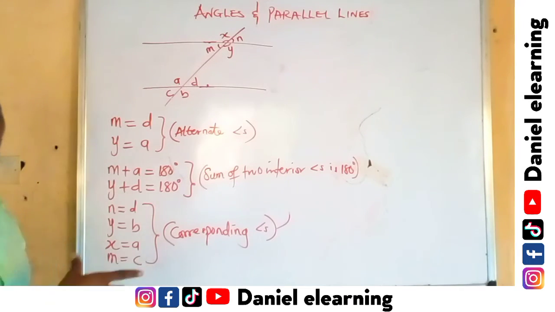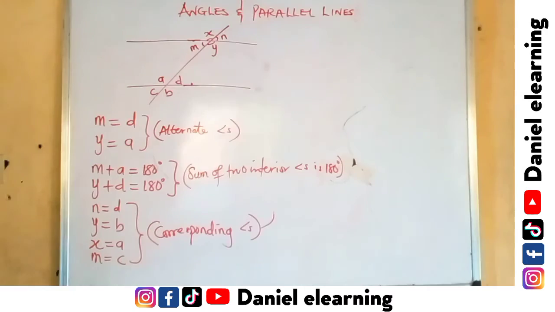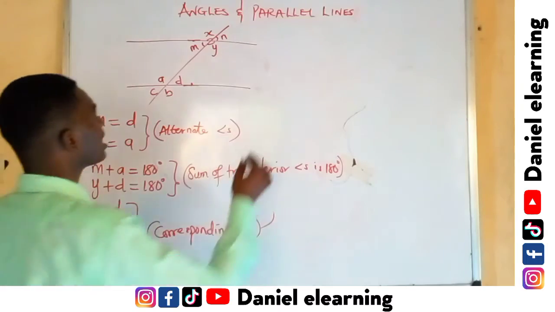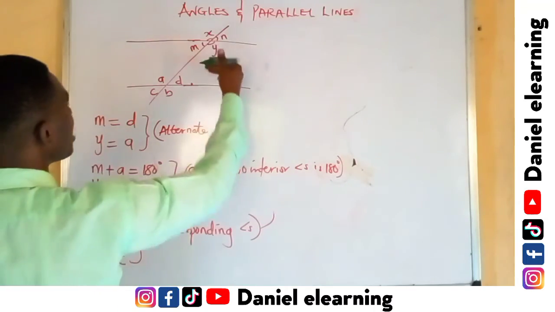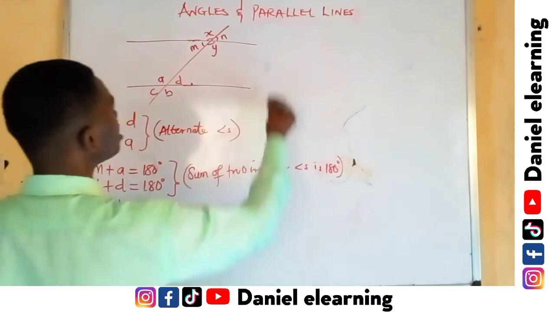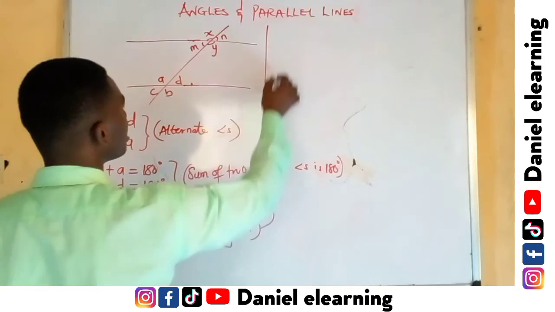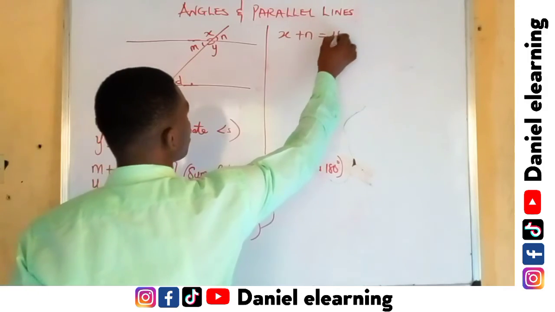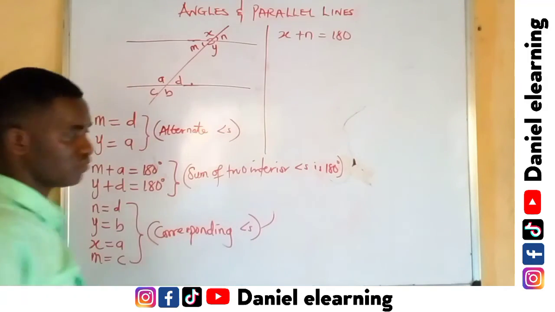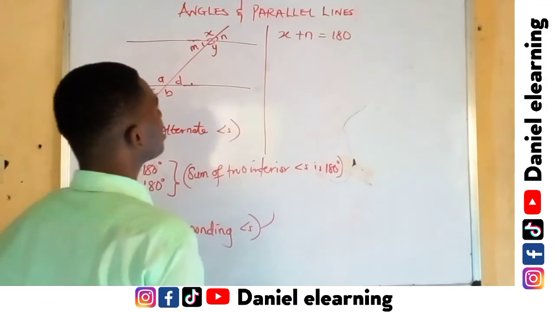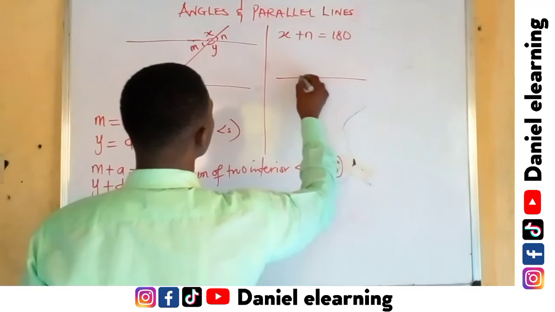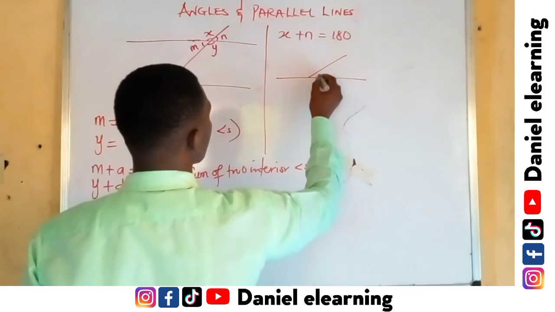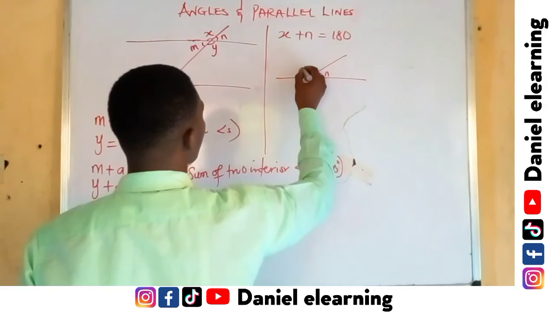You could see all this. These are what you as a student must consume. Initially, I talked about angles on a straight line. Another type of angle we can form from here is an angle from a straight line, which we move to 360 degrees. Remember I said x plus n is equal to 180, and the reason is angle on a straight line. But this time, I'm having this n here and x here.